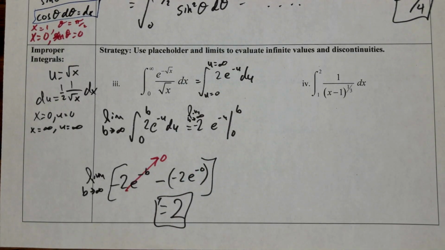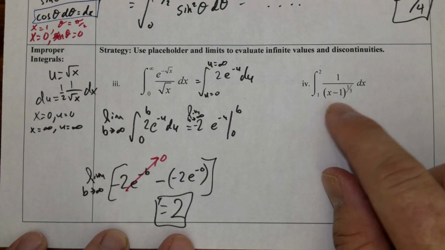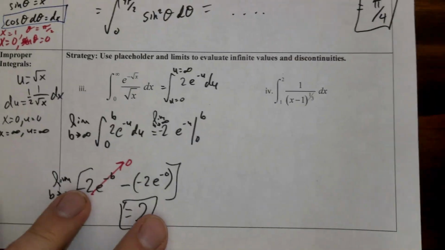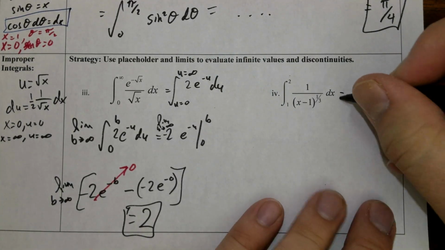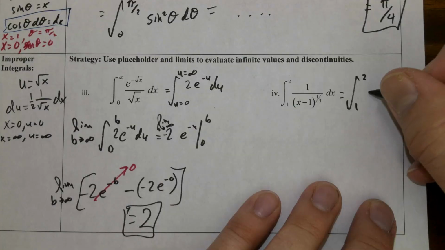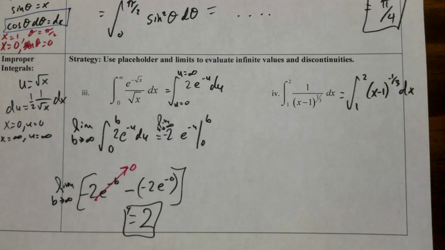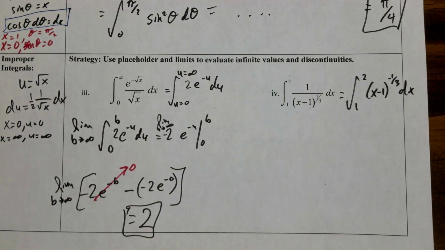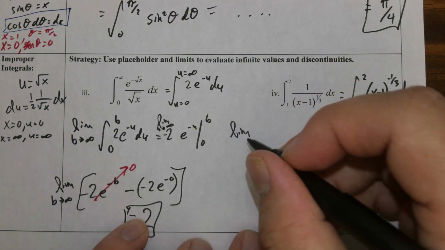What a nice answer. Over here, we're dealing with the same thing, except I have a discontinuity at 1. So instead of approaching infinity, I'm going to approach 1. Again, a nicer way to write this integral is probably from 1 to 2 of x minus 1 to the negative 1/3. It's going to just help me with my antiderivative, my anti-power rule in my head, and now I'll do that limit substitution.